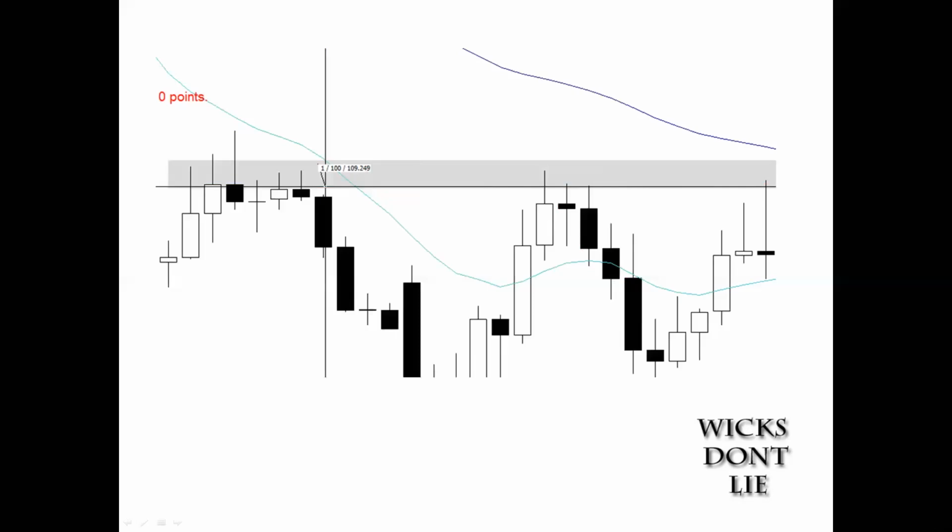This presentation is basically a manual for the simulation we did last week. I'm only going to go over exhaustion wicks, because those are very, very important in the way price behaves when it goes towards higher time frame supply and demand zones or support and resistance zones. It's the same thing.